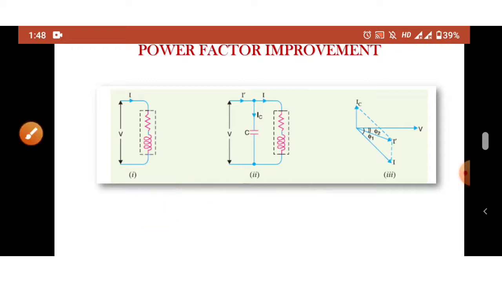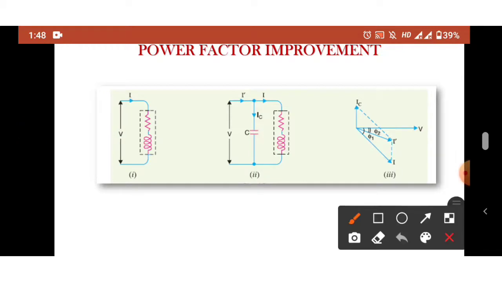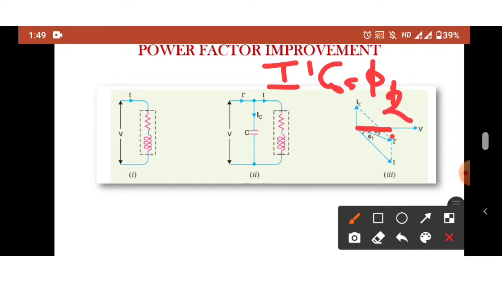The second point is to resolve this I dash and I into two components, one along V and the other 90 degrees out of phase with V. When we resolve I dash along V, we will get I dash cos phi 2, that is this point. Then when we resolve I along V, we will get I cos phi 1.